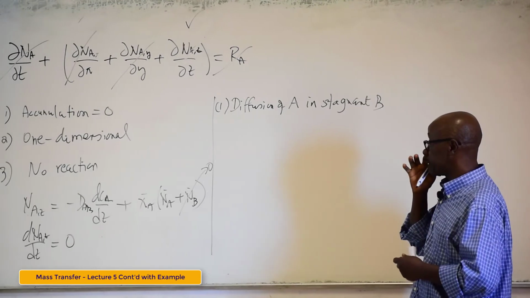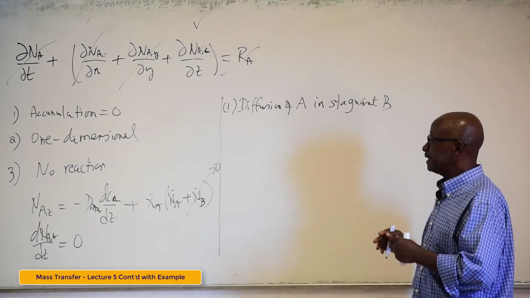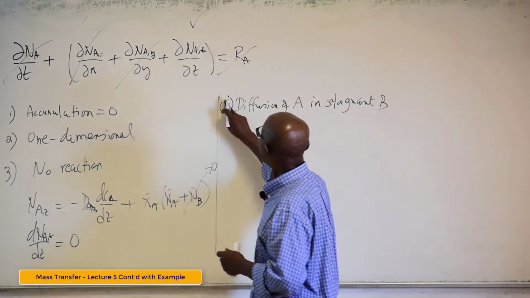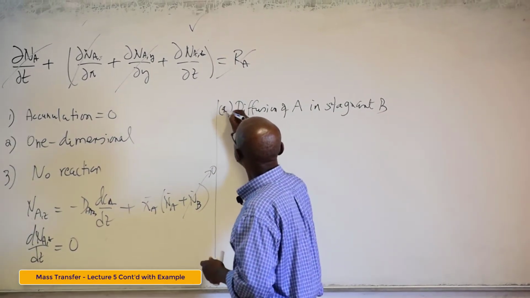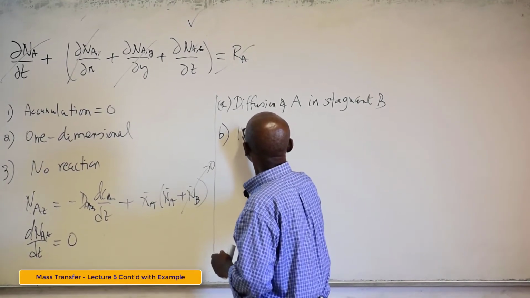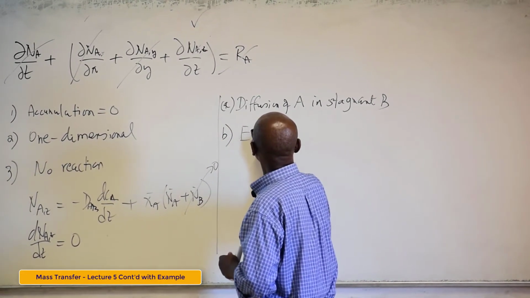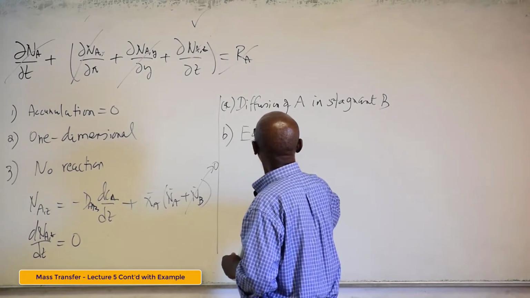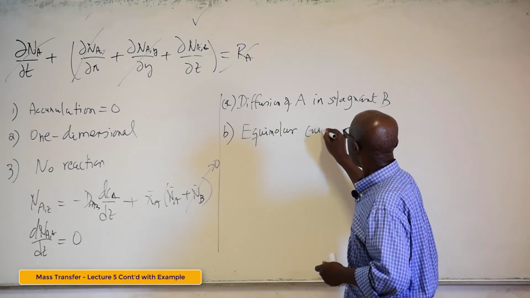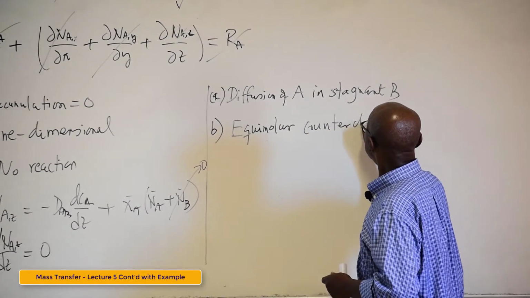And then we get an expression for N_Az in terms of z. Then we had, let's say this is A, this is B. We had equimolar counterdiffusion.